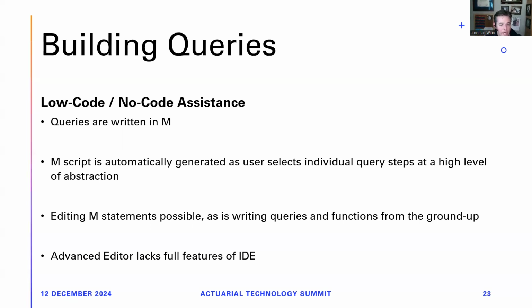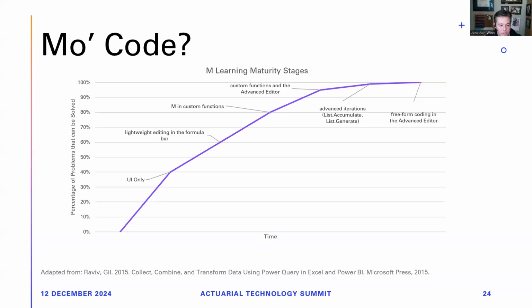I did want to share this, and this credit goes to Gil Raviv. He wrote a really great book on a lot of Power Query topics, but this was kind of his impressionistic way of showing, in his experience, how a knowledge of M can help with different problems. If you're only using the user interface, pointing and clicking and running through the automated prompts, that'll get you like 40% of the way there.